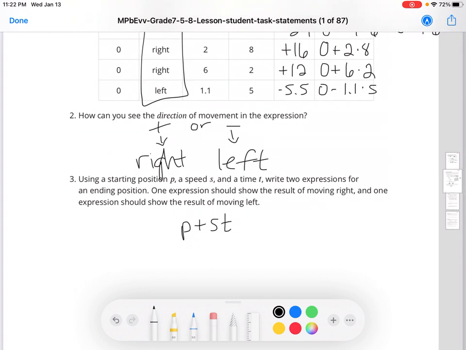When we moved left, we had our starting position, and then we subtracted our speed multiplied by our time. So this equation is for moving right, and this one's for moving left.